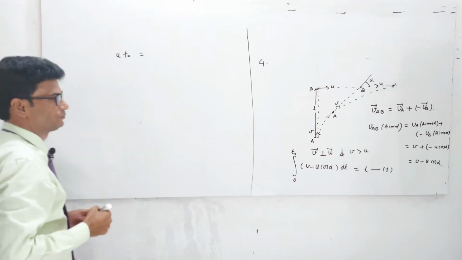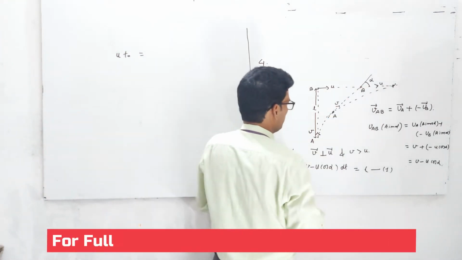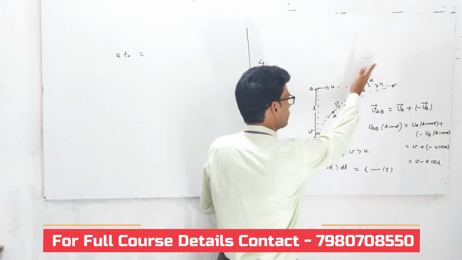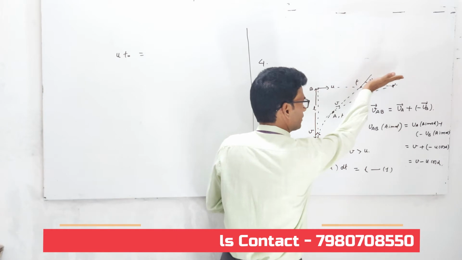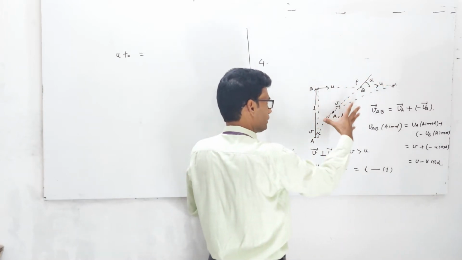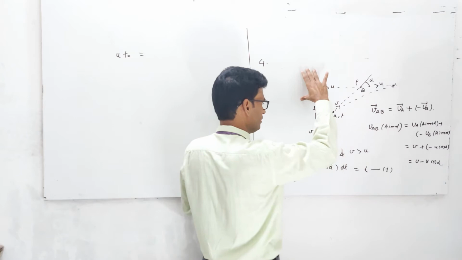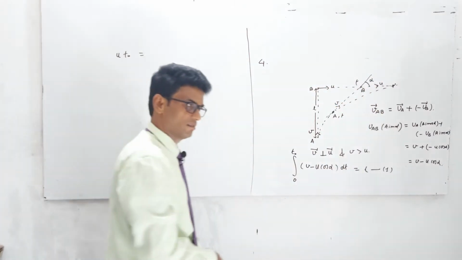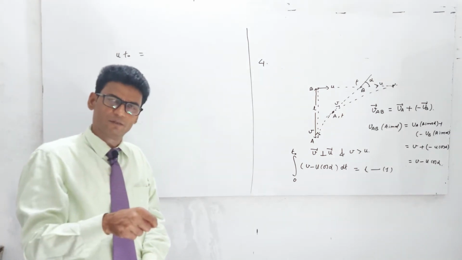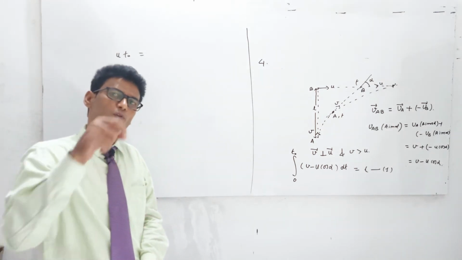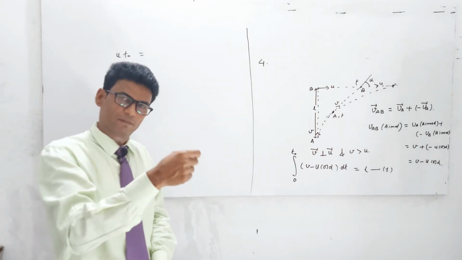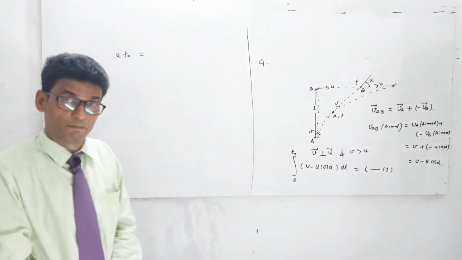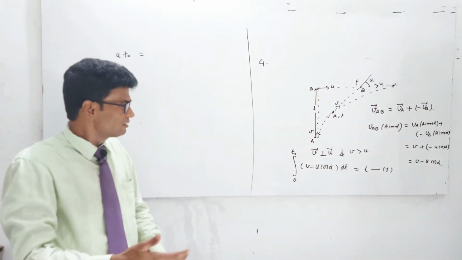This must be equal to, say this is the position at time t, v cos alpha in the horizontal direction, because in the horizontal direction both particle B and particle A cover the same distance for the convergence. It need not be, but my problem is that they will converge. It is possible only when the horizontal distance covered by both the particles is the same, otherwise they will not converge.